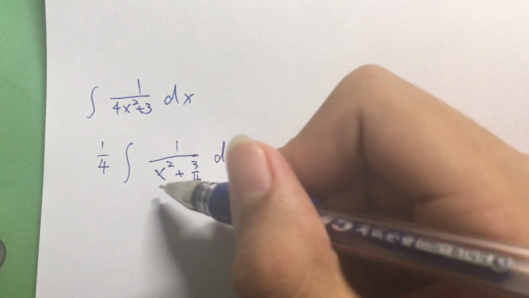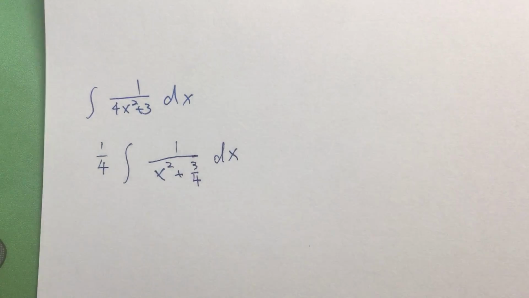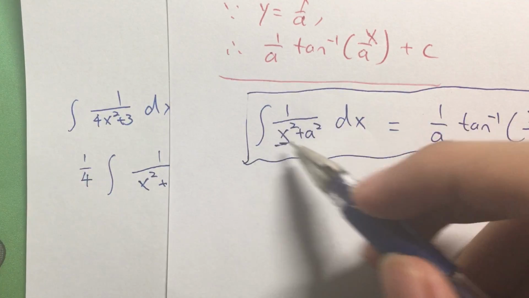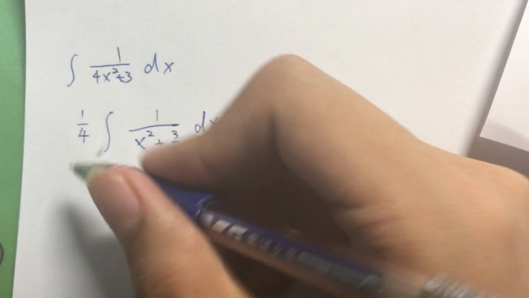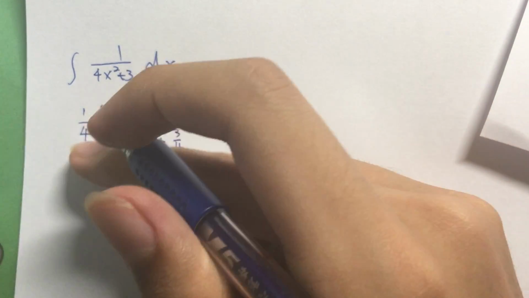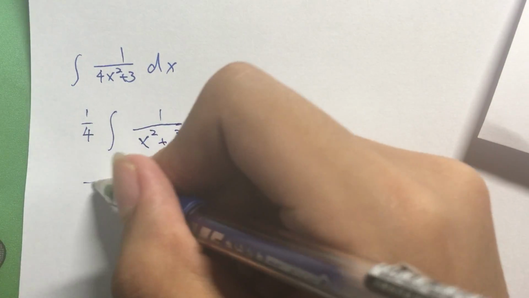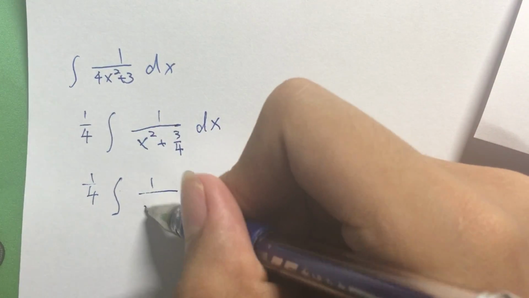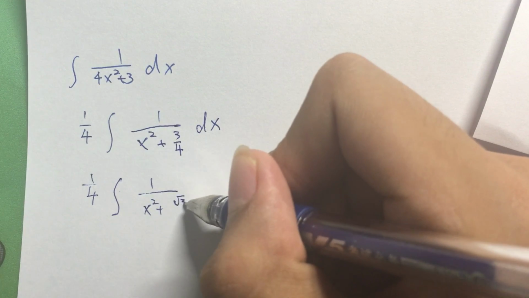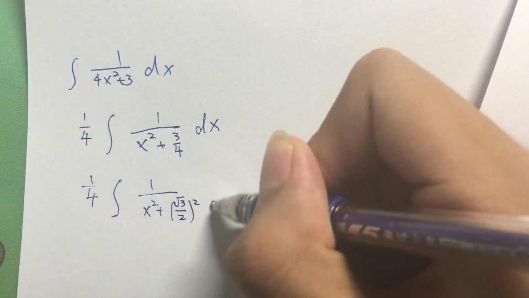Which means that we change this into the form of our formula. So now let's change this into something squared, which is a quarter times the integration of 1 over x squared plus bracket square root 3 over 2 squared dx.